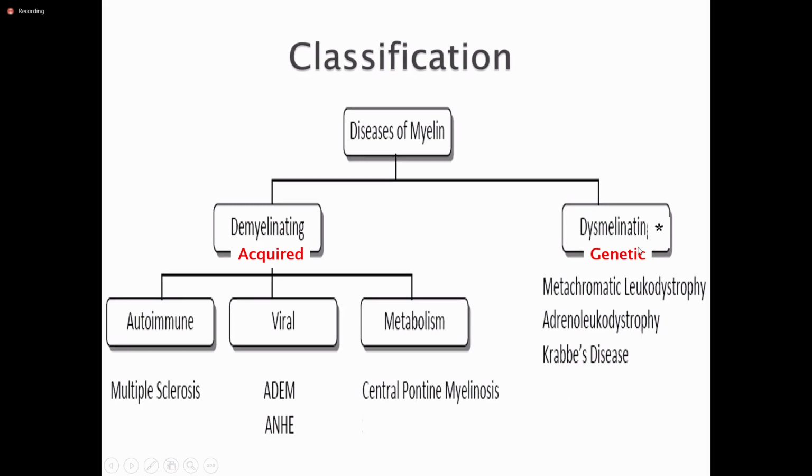Dysmyelinating diseases are genetic, such as metachromatic leukodystrophy, adrenoleukodystrophy and Krabbe disease. We will not talk much about them, because the acquired ones are much more common.